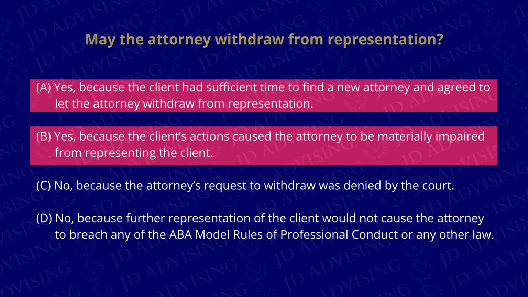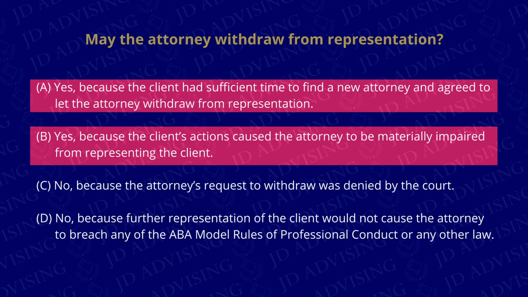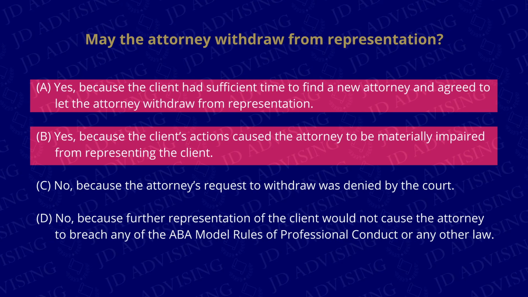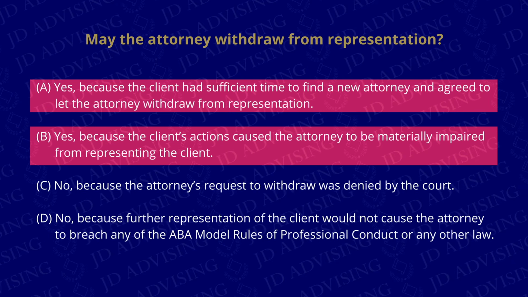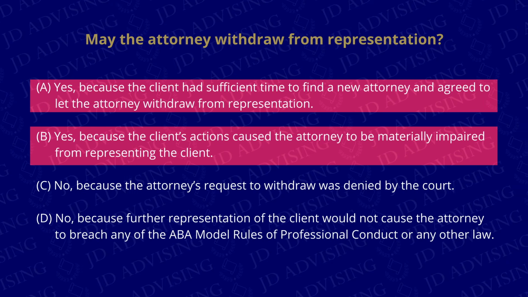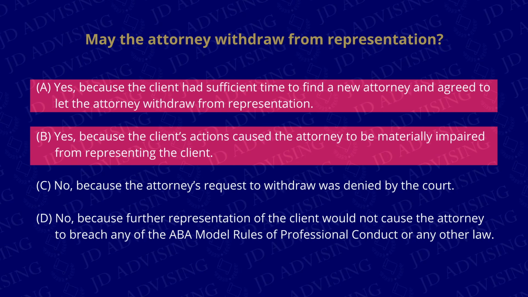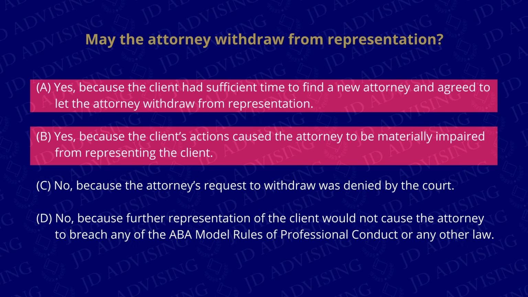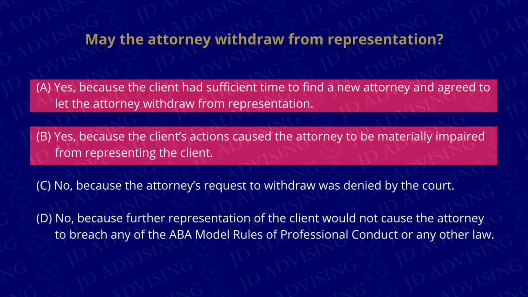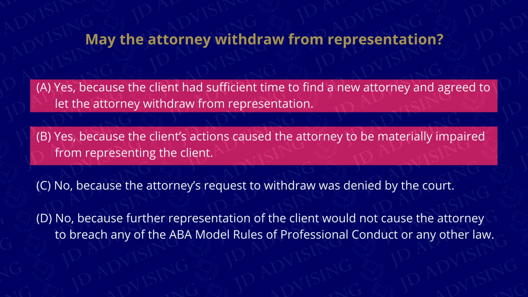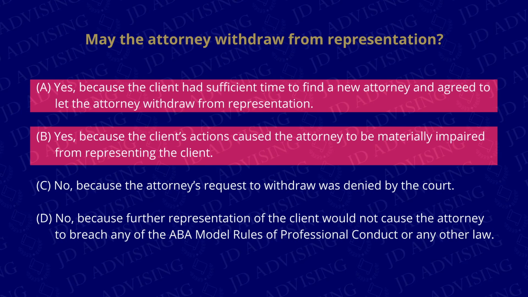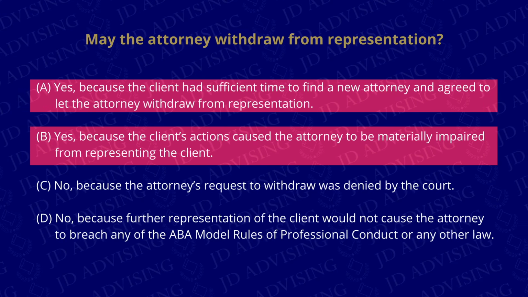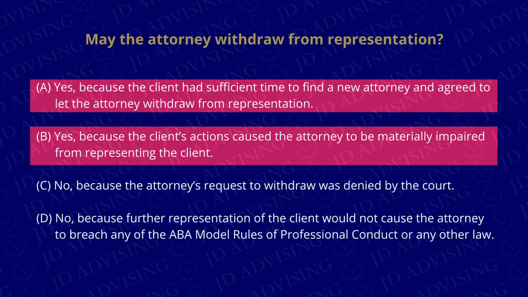But it doesn't really speak to the requirement of the lawyer going through the motions of getting permission from the court to properly and otherwise effectively withdraw. So as a result, B misses the mark. The other thing I would point out is materially impaired is something we normally see associated with mandatory withdrawal under those requirements, which again, we've decided mandatory withdrawal is not applicable to our facts. So overall, B is just not right.